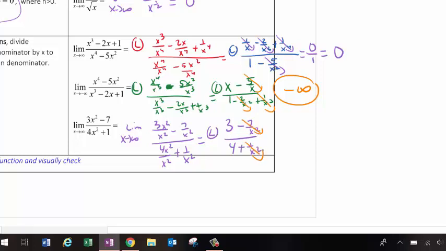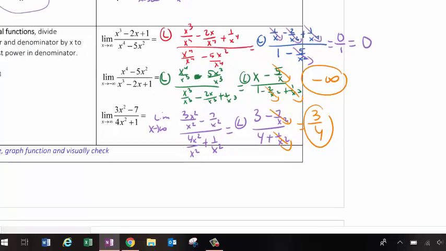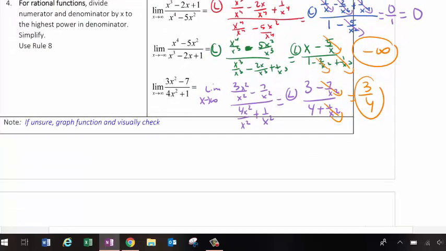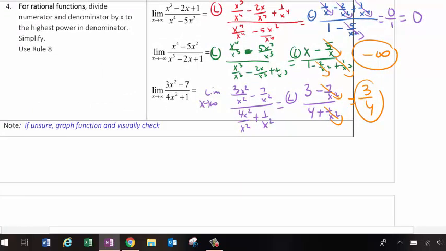Goes to 0, goes to 0. There's nothing to plug in this case or think about. So my answer here is 3/4. You will need to practice that type. If you are unsure, you can graph it and check it. But for a problem like number 4's 3 examples, I want to see your work.